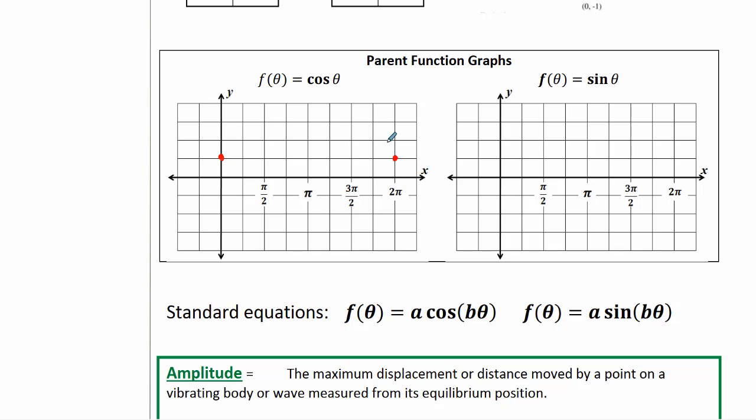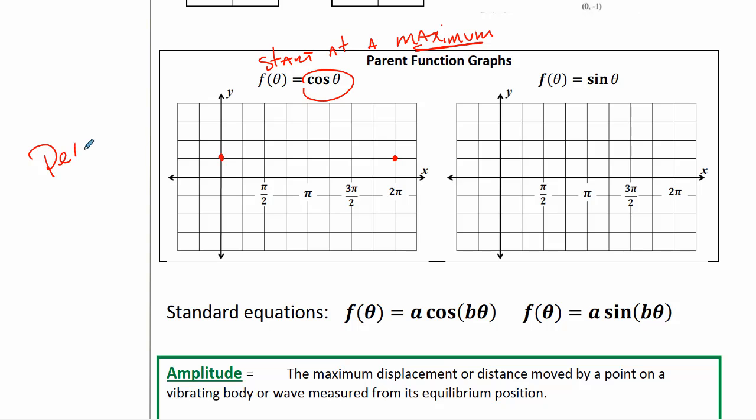Because this is a maximum, the highest point on this graph, the cosine is going to start at a maximum. Now, it could start at a minimum, we'll get to that as well, but right now, your knowledge is that it starts at a maximum. It also then comes back to a maximum at 2 pi.